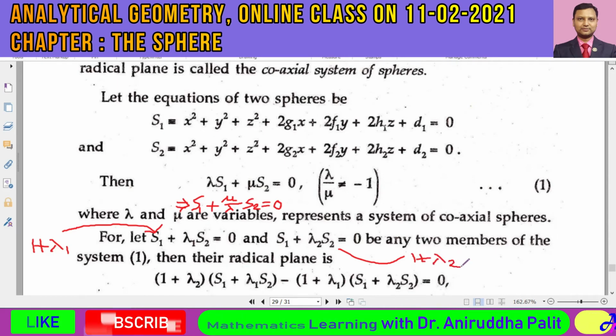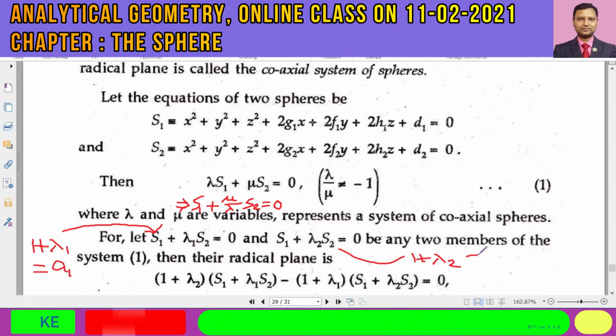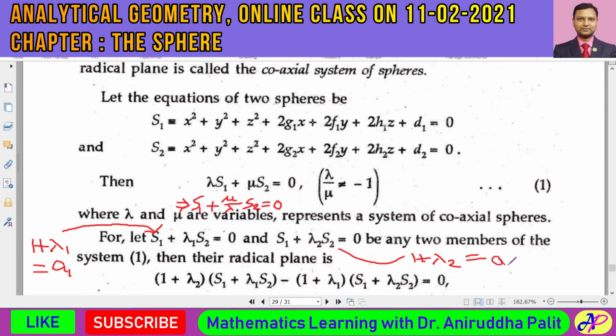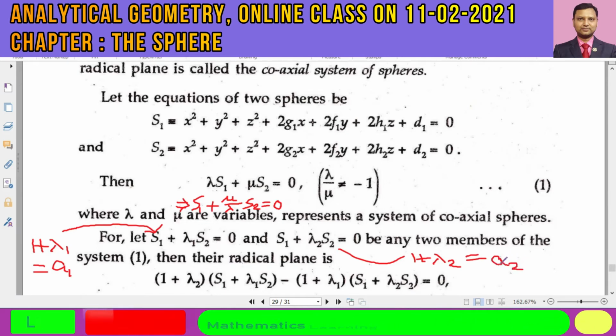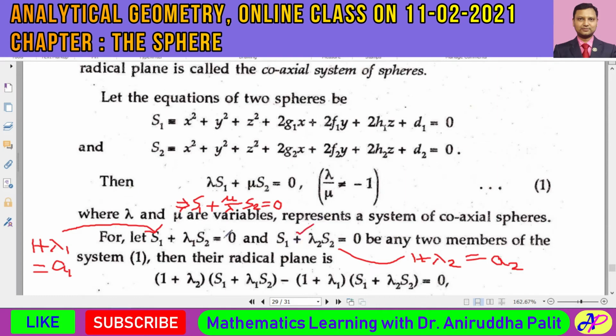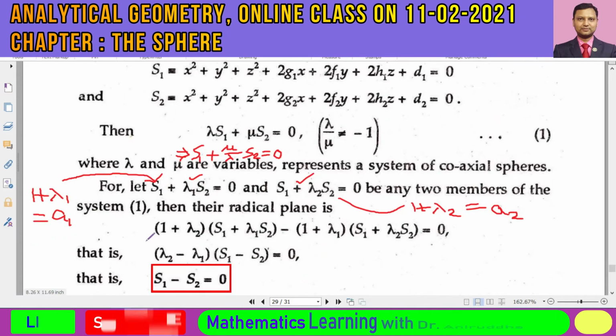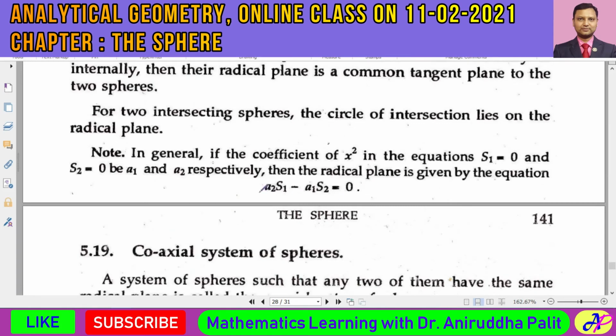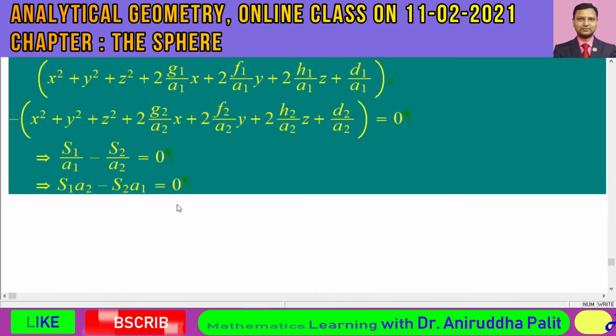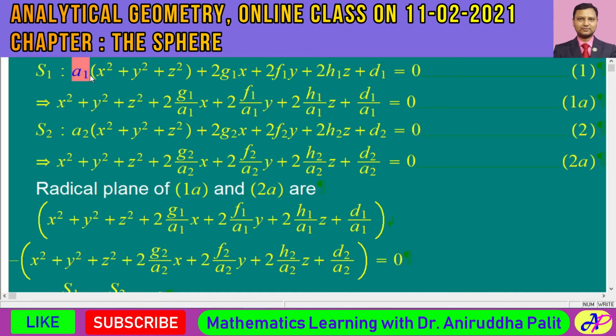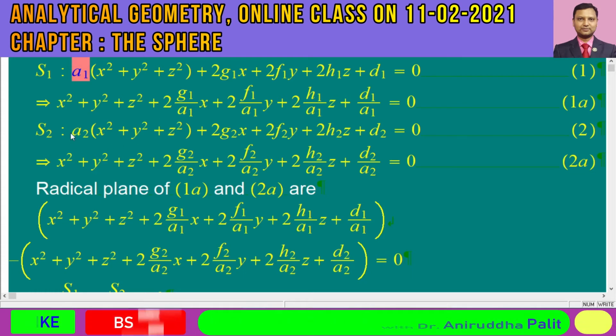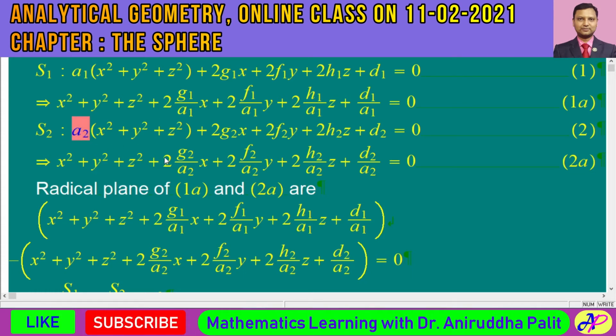If we call the first coefficient a1 and the second coefficient a2, then I have discussed earlier that the radical plane of these two spheres is given by the equation a2 s1 minus a1 s2 is equal to 0, where in the first sphere the coefficient was a1, and in the second sphere the coefficient was a2.